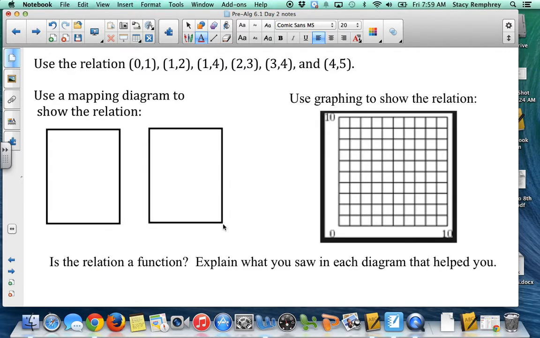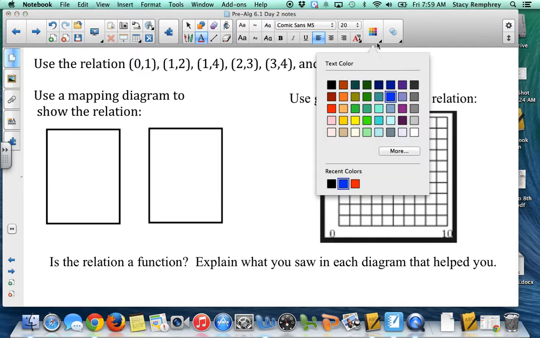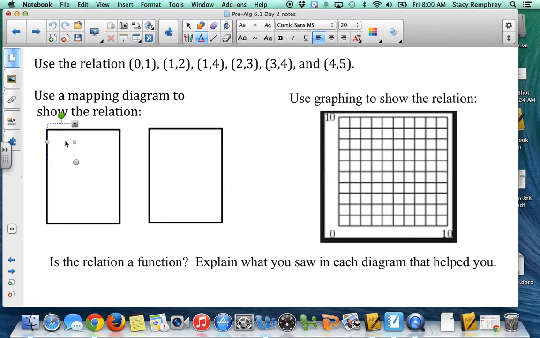In the next example, I'm going to map it again. Okay. So I have 0, 1, 2, 3, and 4 as possible inputs, and possible outputs I have 1, 2, 3, 4, and 5.